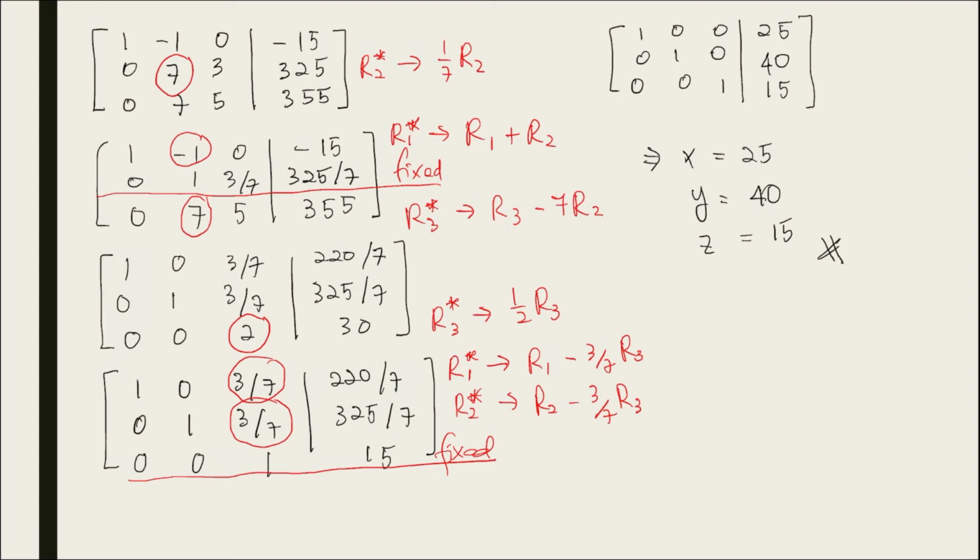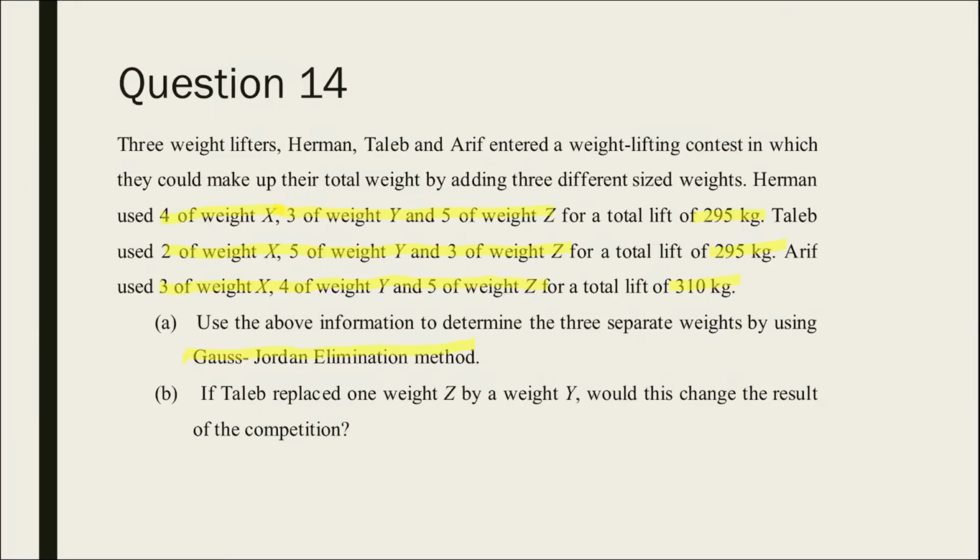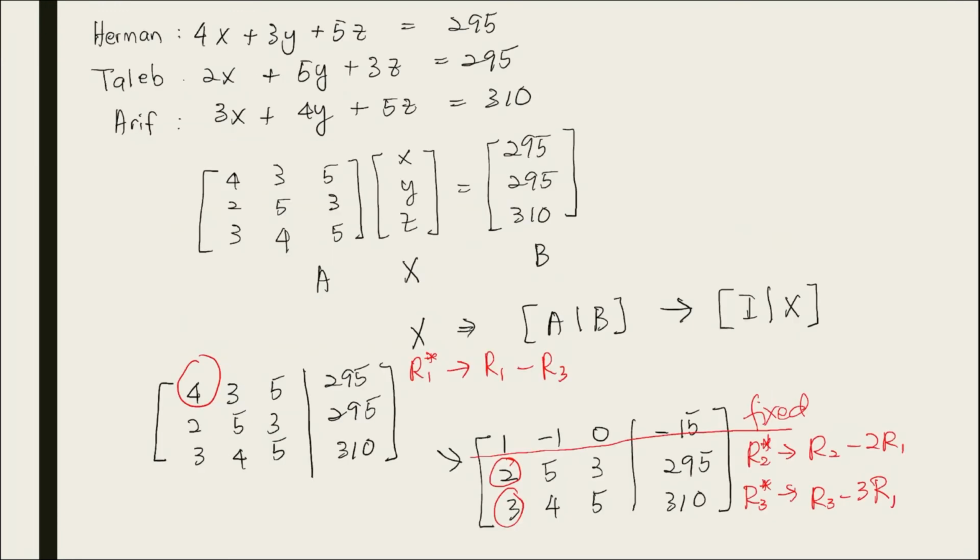Okay, so we solved the question for part A. Let's go back to the question. For part B, if Talib replaced one weight Z by a weight Y, would this change the result of the competition? Let's see the original equation for Talib: 2x plus 5y plus 3z.